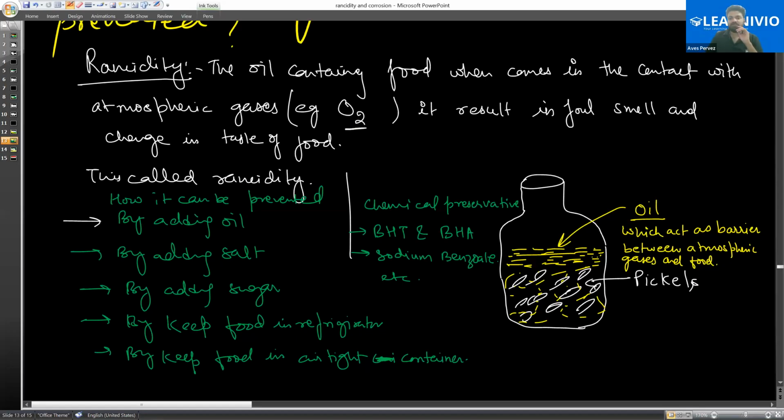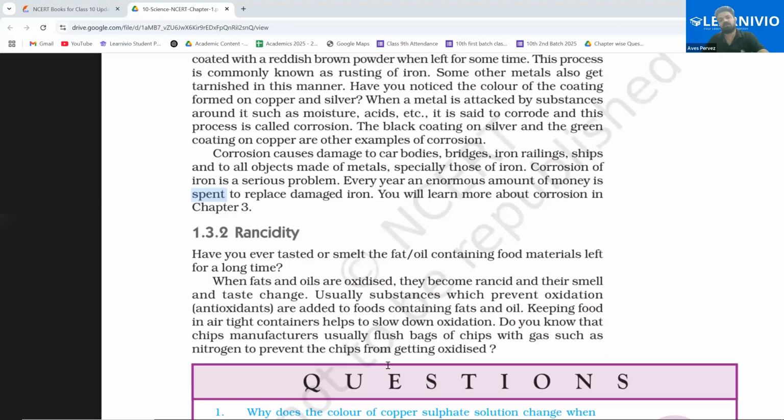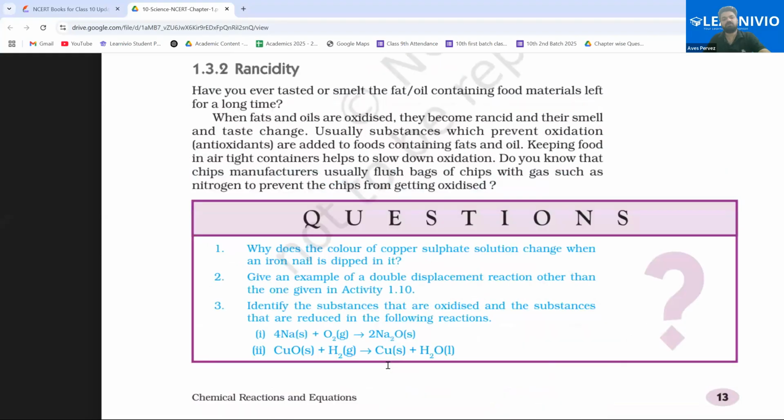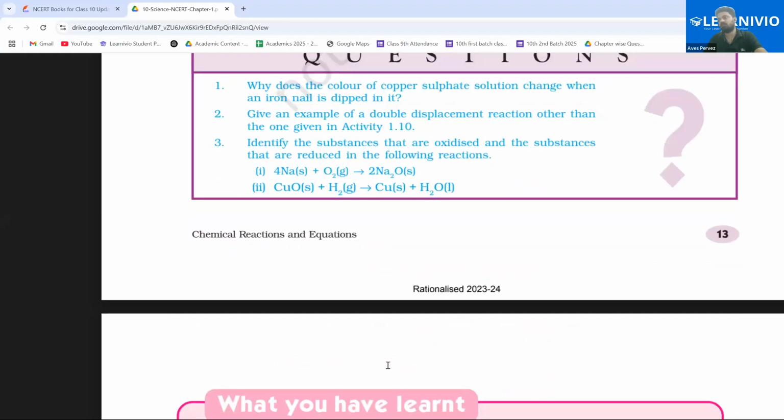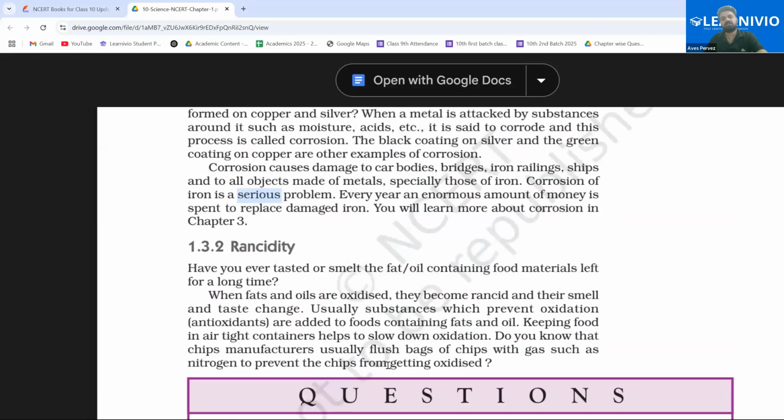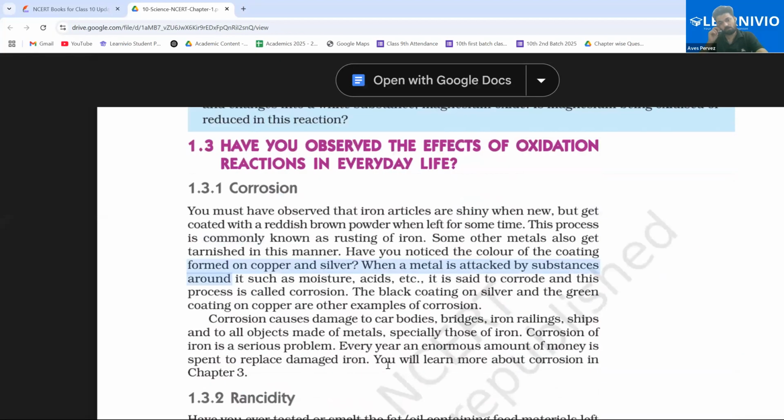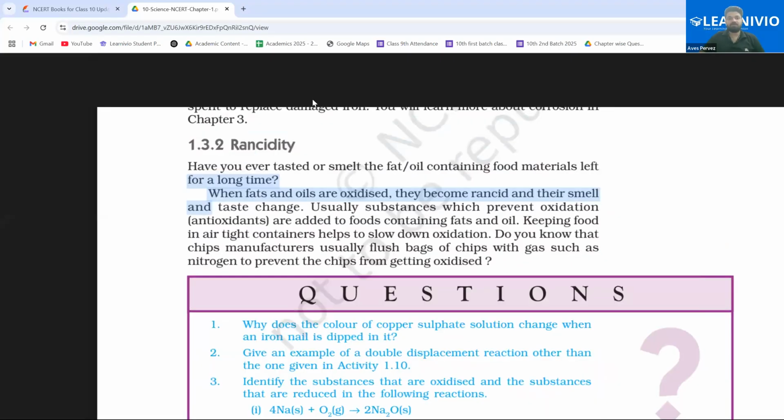This is the chemical equations and reactions chapter. And this is rancidity and this is corrosion. Why does your teacher not teach us this one?